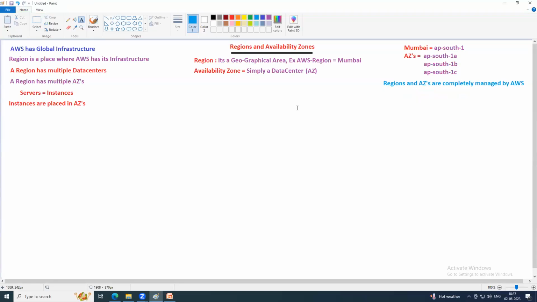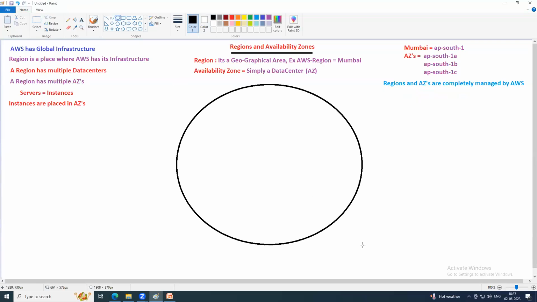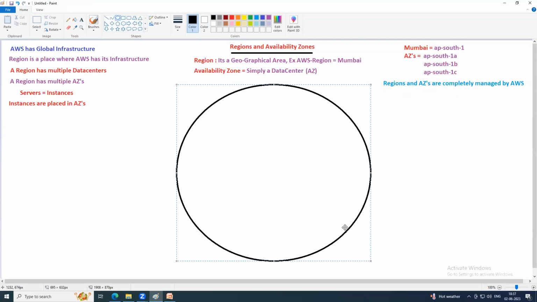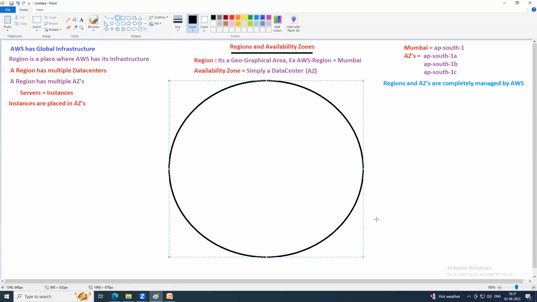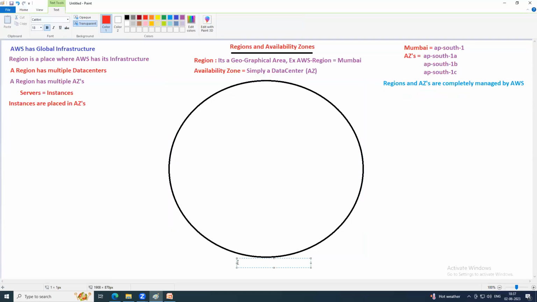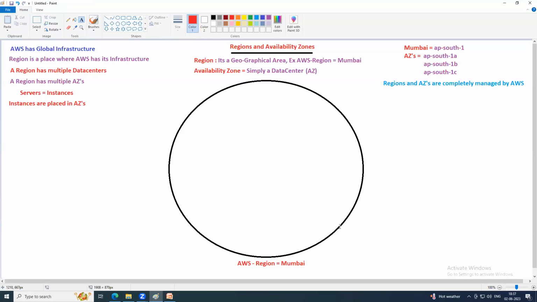Now let me give a graphical representation. Assume that this is an AWS region, which is Mumbai.